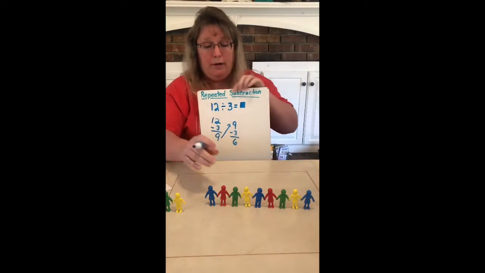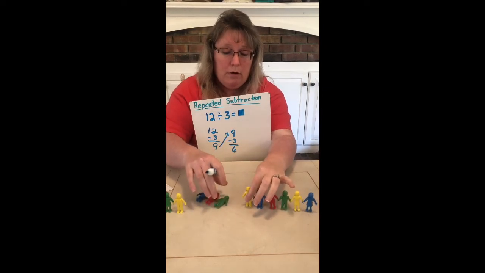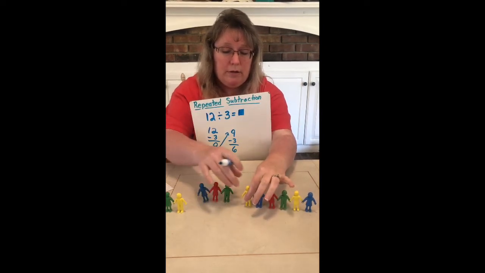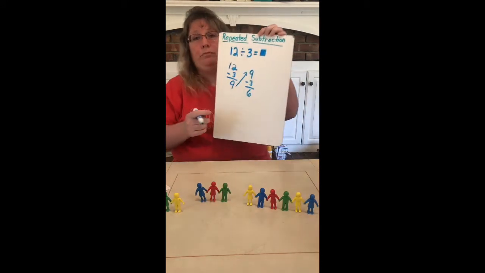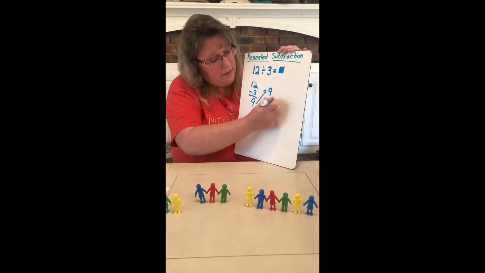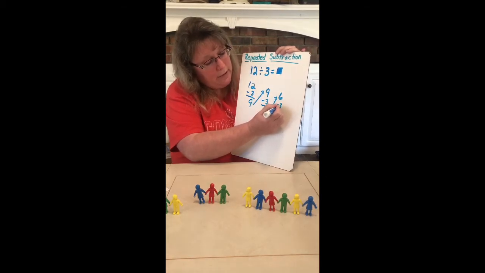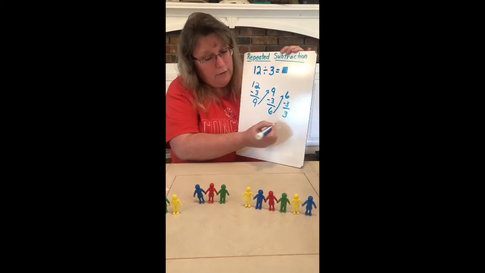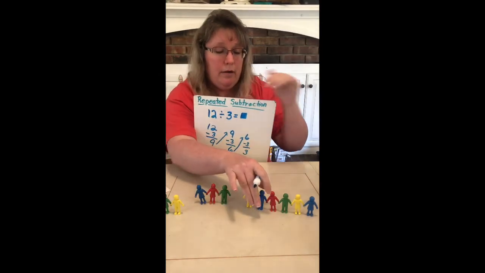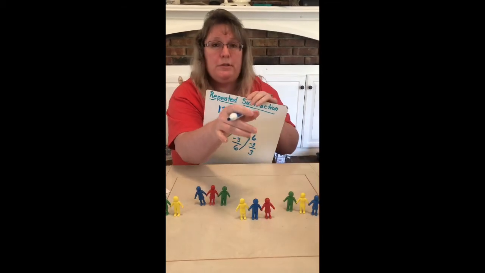So now I'm going to remove 3 more of my students. And now you'll notice I still have 6 in a group. So now this 6 goes up, and I say 6 minus 3. And what is 6 minus 3? 3. And I take those 3 and move them to the side.